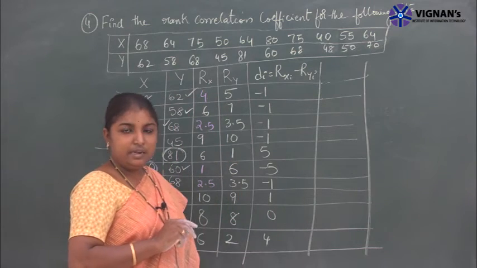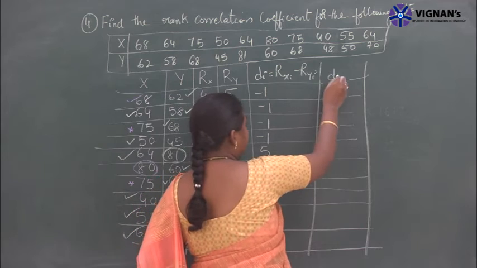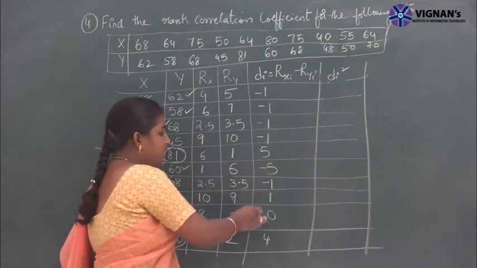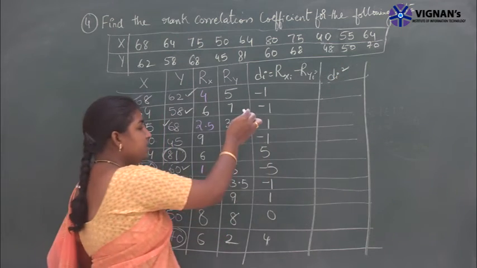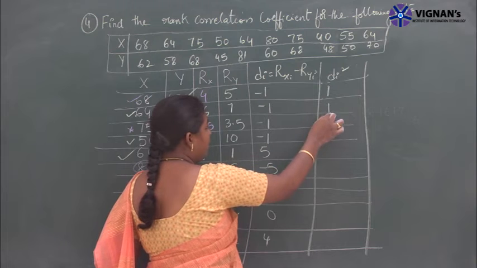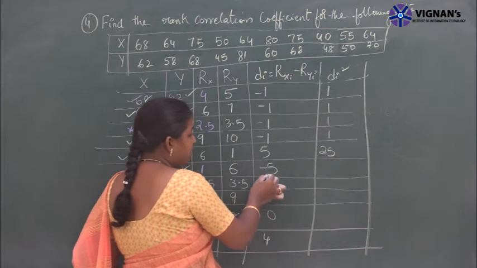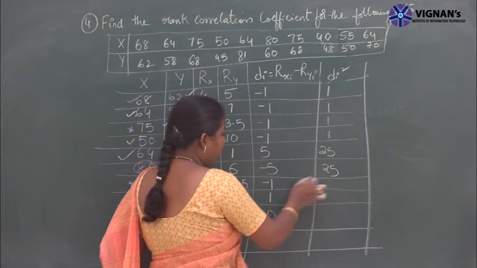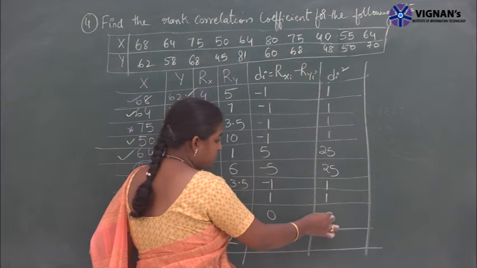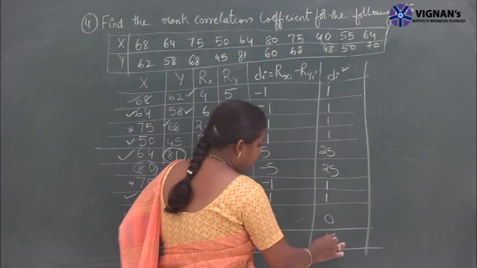Now we are finding di square values. That means we are taking the square of these di values. Minus 1 whole square is 1, 1, 1, 1. 5 square is 25. Minus 5 whole square is 25. 1, 1. 0 square is 0. 4 square is 16.